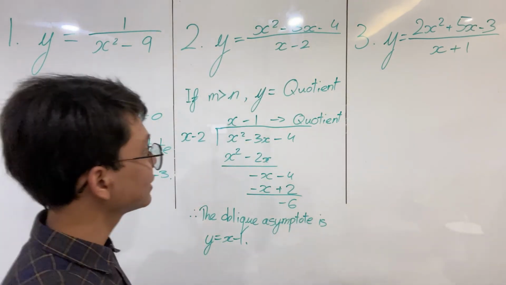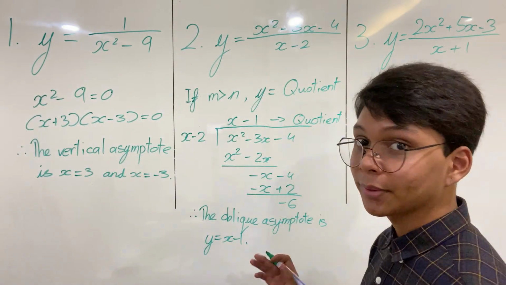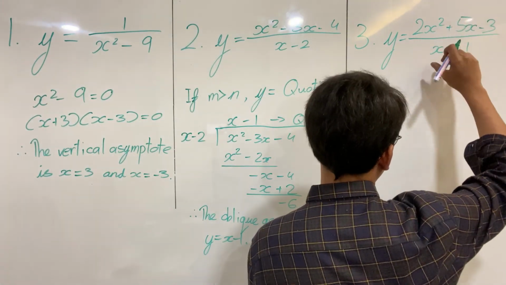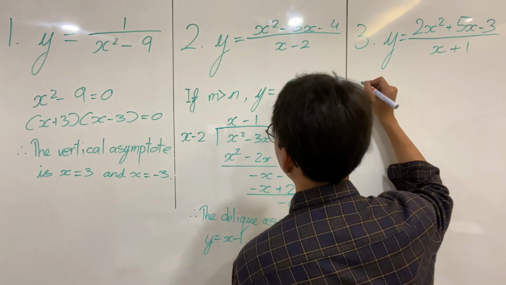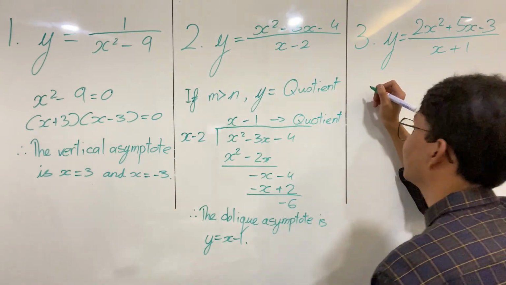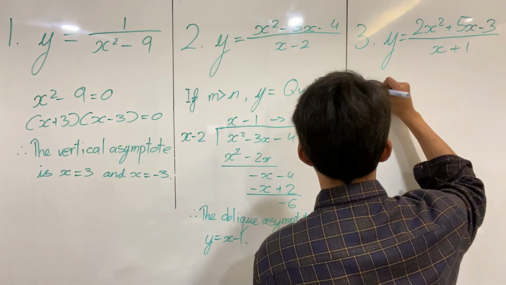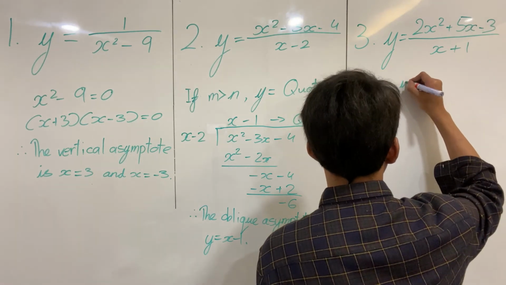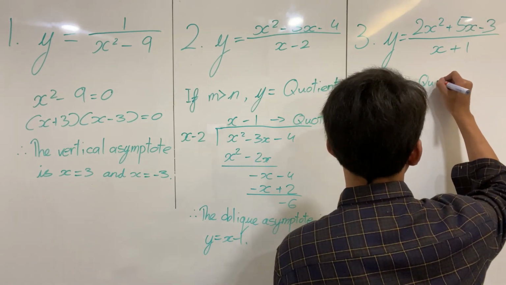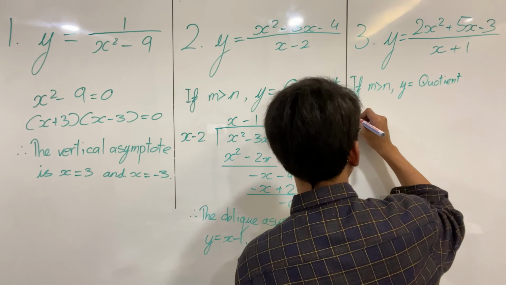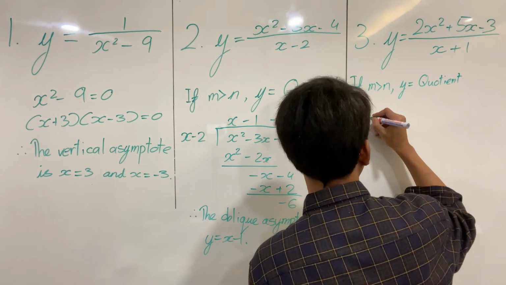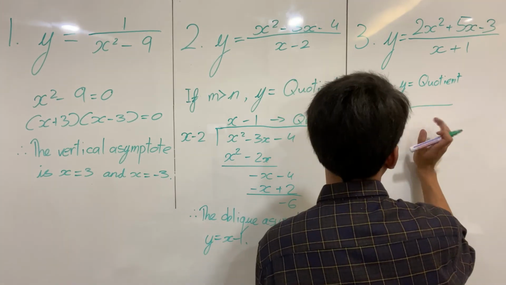Simple. Now, third question. And 2x squared is more than x, so therefore it's the same as this question right here. If m is more than n, then y equals the quotient. So using long division, you only use long division when you find the quotient in this type of question.